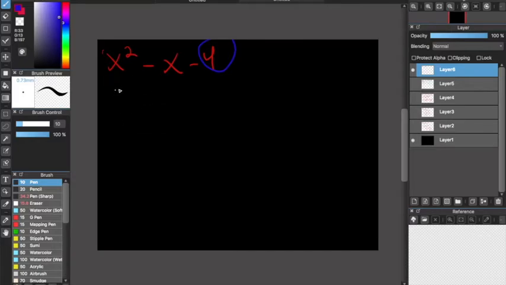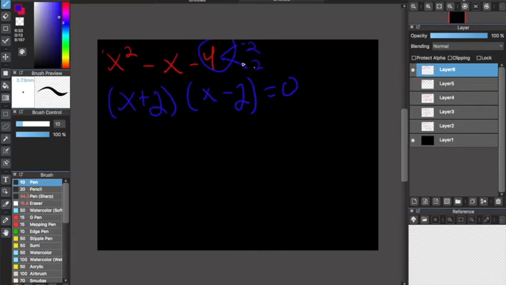So to do that, we factorize it, which is x plus 2 and x minus 2 equals 0. So how do I find my plus 2 and minus 2? Because it's 4, we have to factorize it, which is only minus 2 and plus 2, since 2 times 2 is 4. And then it's x plus 2 equals 0, or x minus 2 equals 0.